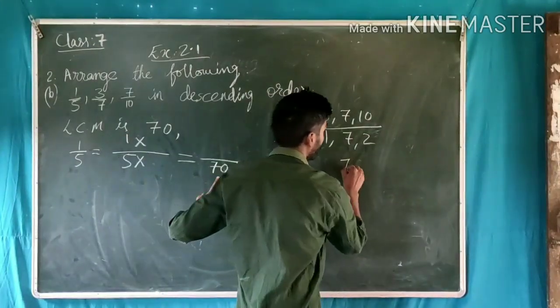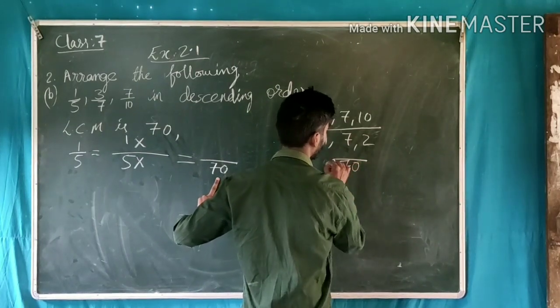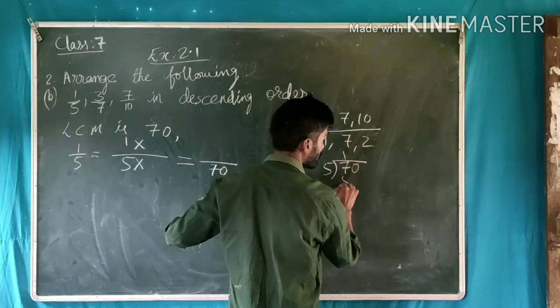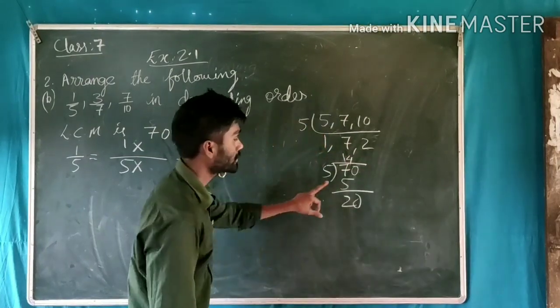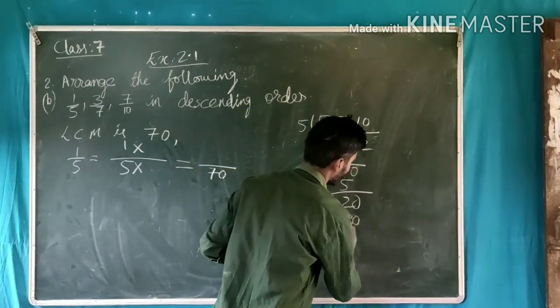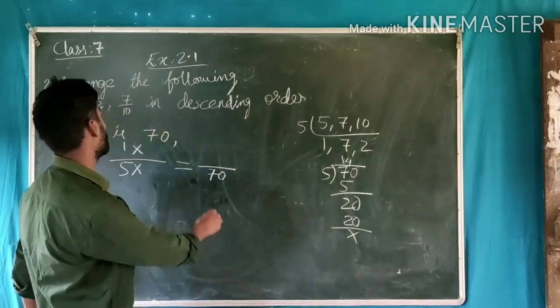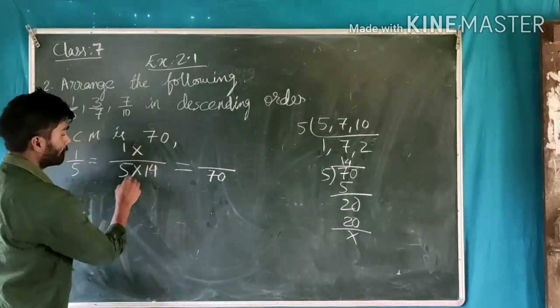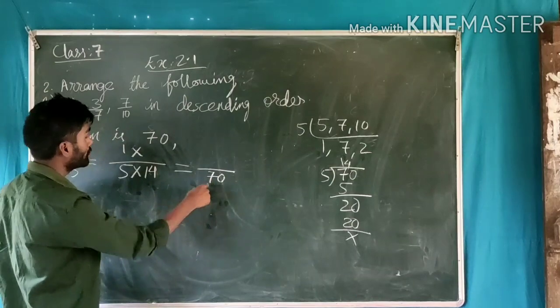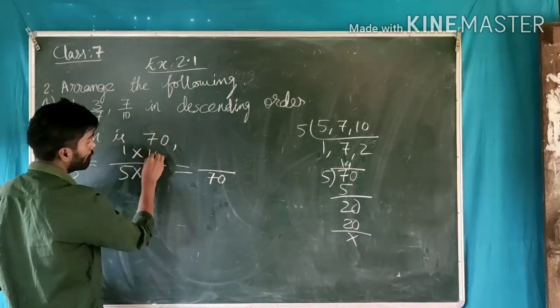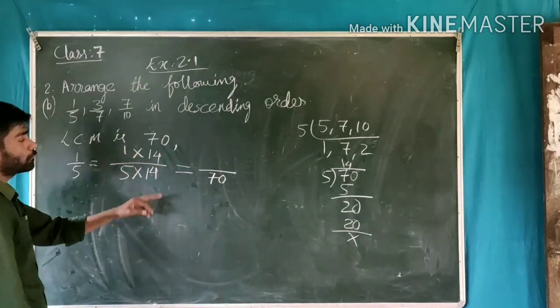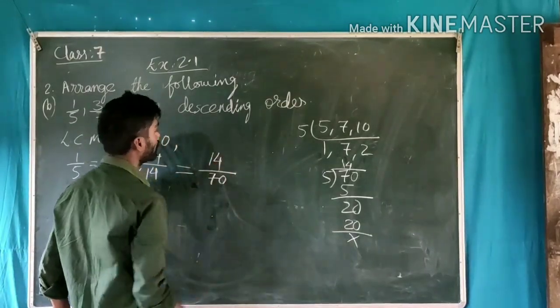So let us divide this 5 into 70: 14 times. So 5 into 14, that is 70. Same number we are going to multiply here also, that is 14. 1 into 14, that is 14.